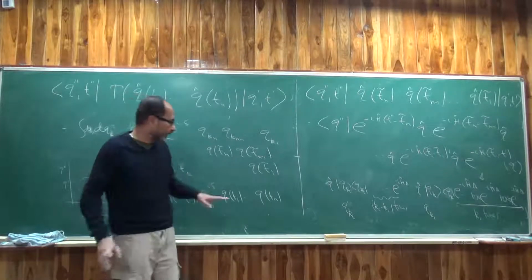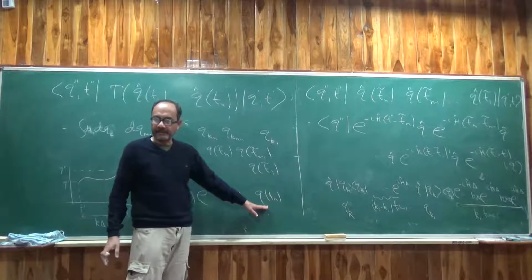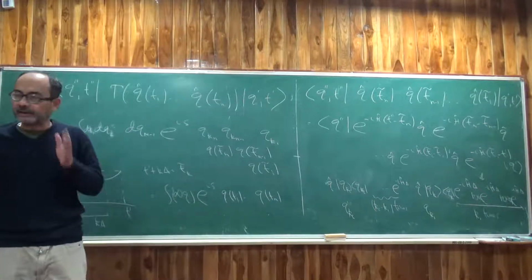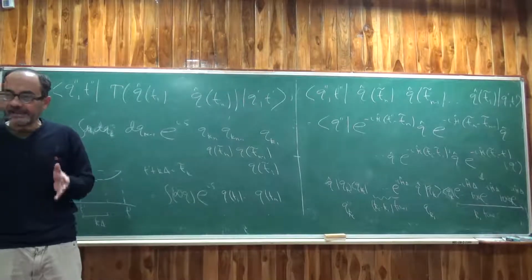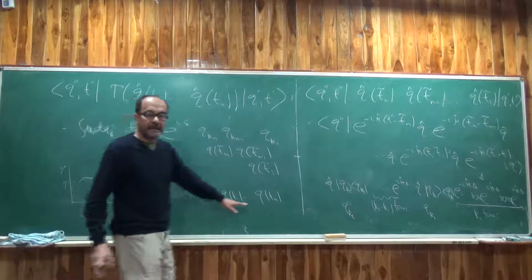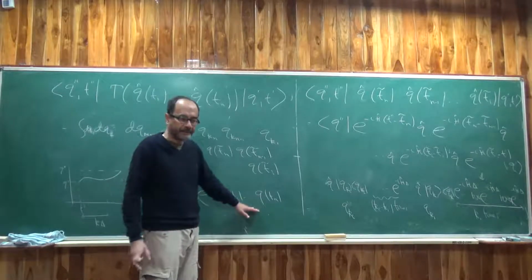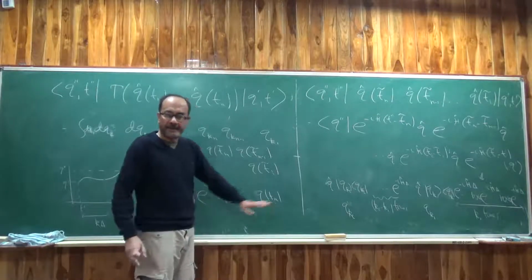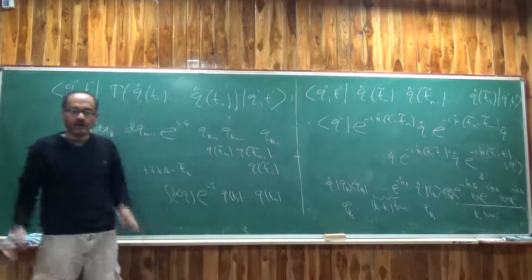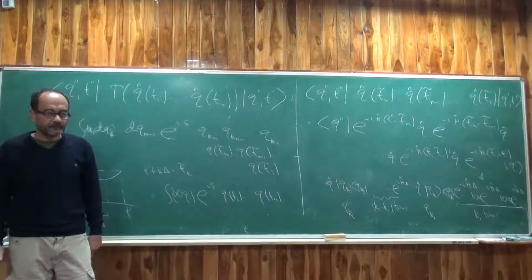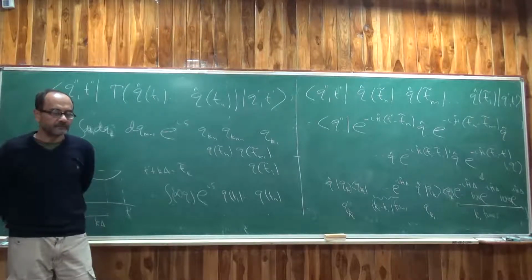You don't have to say anything about time ordering here. In fact, if you want to calculate the matrix element of something which is not time ordered, then there is no direct path integral expression for this. Well, you can write it down, but it's much more complicated. The standard path integral expression that we write always gives the matrix element of a time ordered product. Is this part clear?